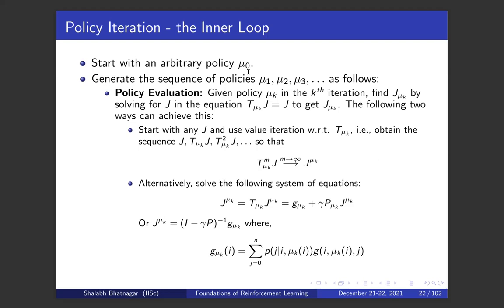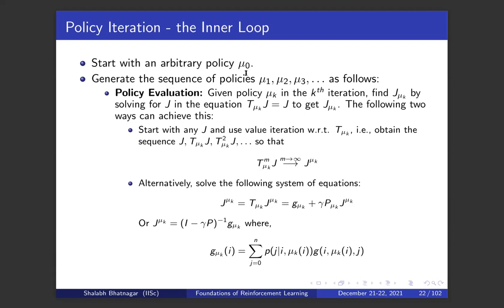If you don't have a clear idea of what might be a good initial policy, you might take it to be the completely random policy, which means you pick all actions with equal probability, that is, according to the uniform distribution. That's one possibility. But then you generate a sequence of policies, mu1, mu2, mu3, and so on, by first going into the inner loop.